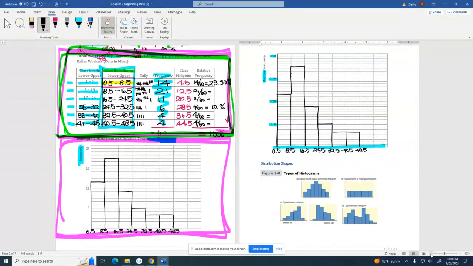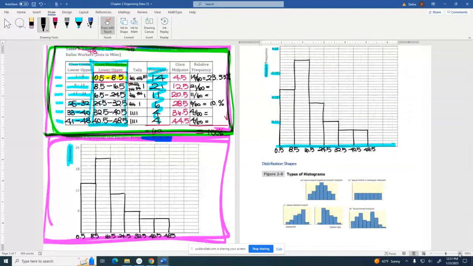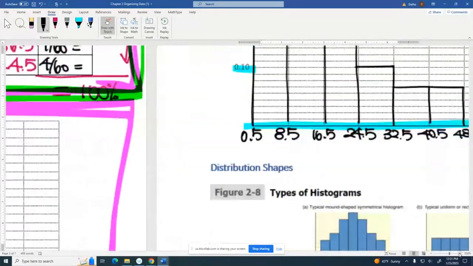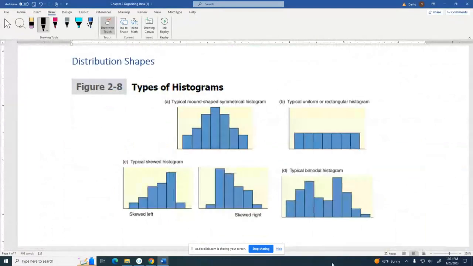What are we doing? Organizing, picturing, because we want to see the shape of the distribution, right? Look at this. Symmetrical? No, it's not symmetrical. See, this one is asymmetrical. The shape of the distribution can be symmetrical.